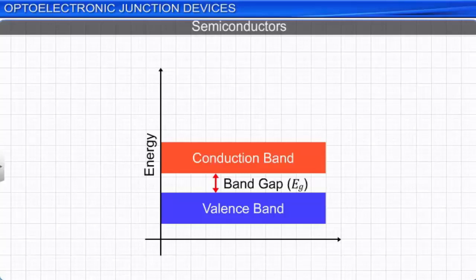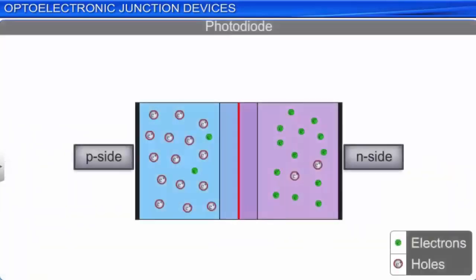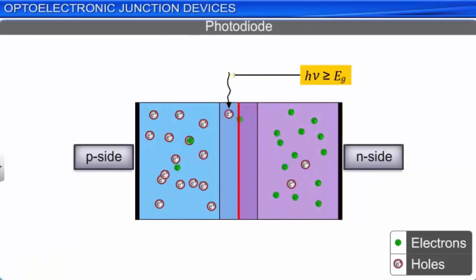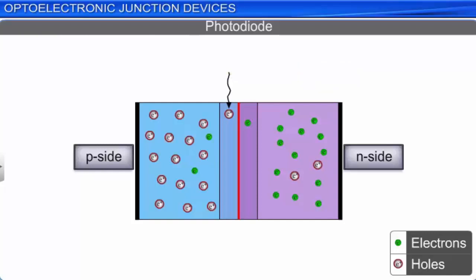When photons of light with energy greater than the energy gap fall on the diode, the photons get absorbed by the semiconductor atoms, leading to the creation of electron-hole pairs in the diode. A photodiode is designed so that the maximum number of electron-hole pairs is created in the depletion region around the PN junction.